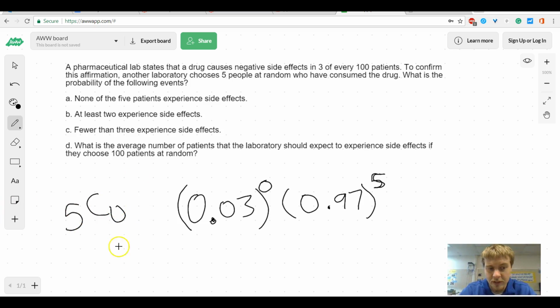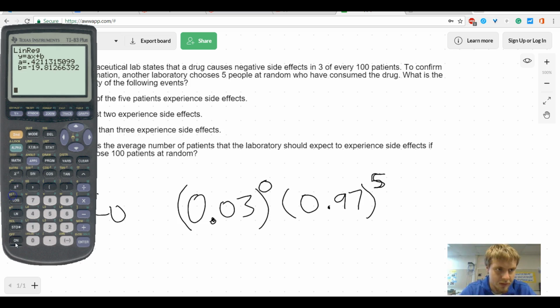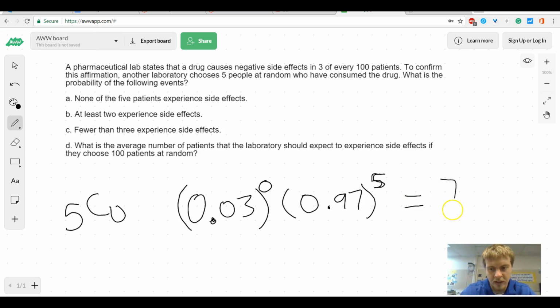If you ever think about what a choose 0 would be, that'd be 1. Like there's only one way to get 5 people to not have this. And so then we'll put that in our calculator, which would really just be this, because anything to the 0 power is 1, so it goes away. So 77% chance that no one experiences side effects.